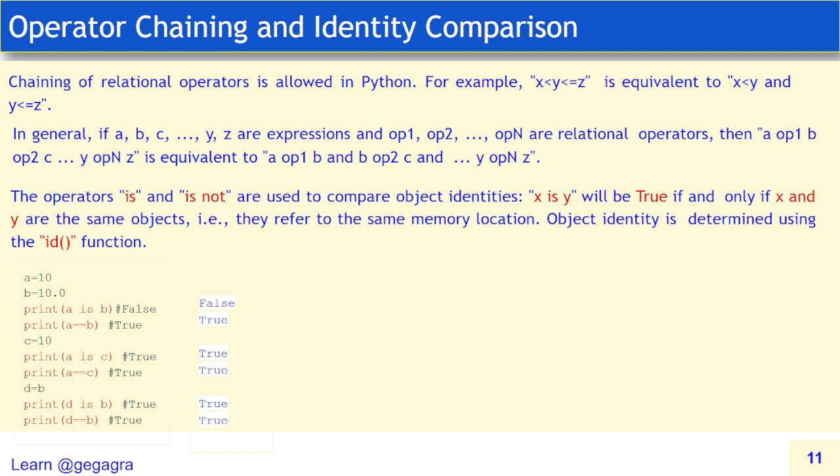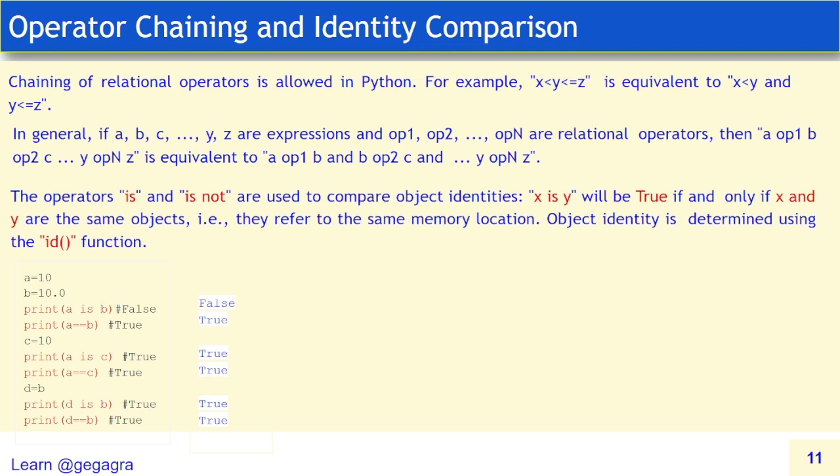So see, if c is equal to 10, print a is c. Why? A is c returns true. Why? Because a is integer 10 and c is also pointing to 10 in the memory, and that is why it gives true. If a is equal to c, this is also true because values are same.